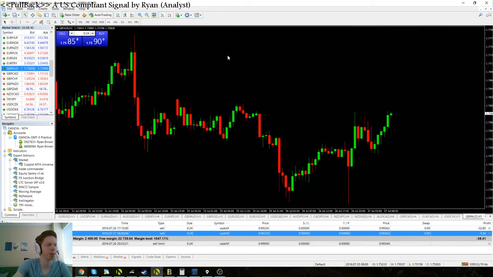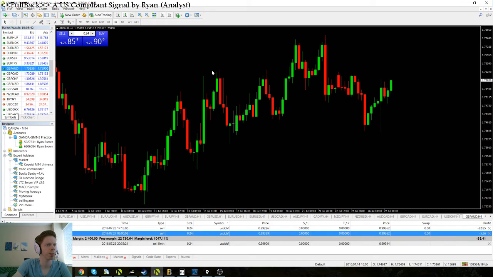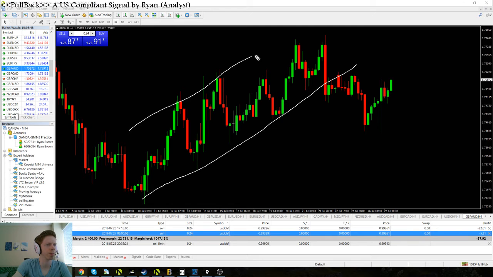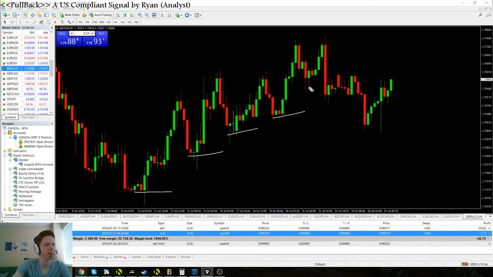Similar situation here. We're looking at a trend line break here, going down, levels, minor one here was that one. This one was broken, and then this one was broken here in this area.